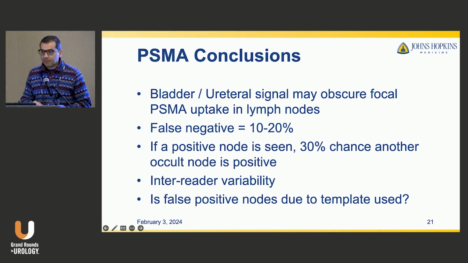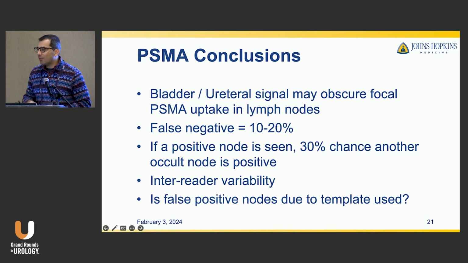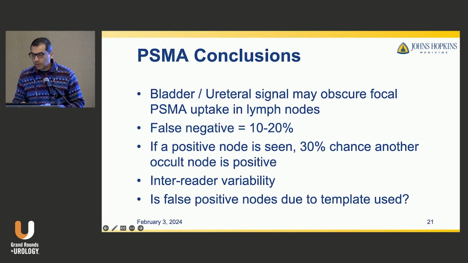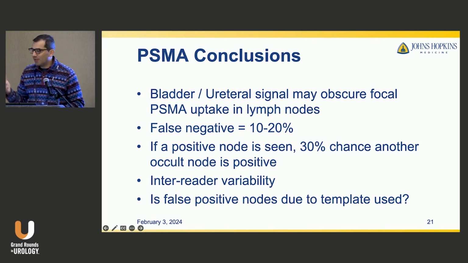And if you have a positive PSMA scan that shows an external iliac node, there's a 30% chance that another lymph node somewhere is still positive. That is important. And I think where it's very helpful is if there is an isolated lymph node outside of your template, you would know about it. And if it's in a place that you can get it, potentially you can go after it.